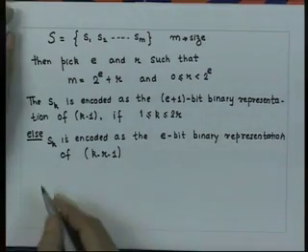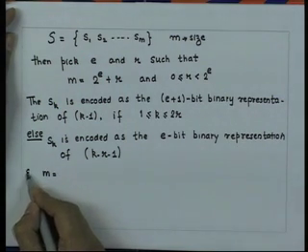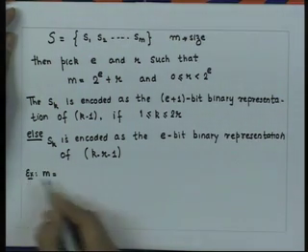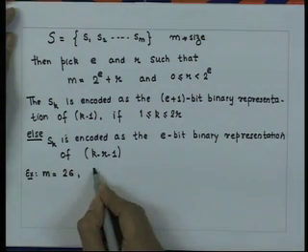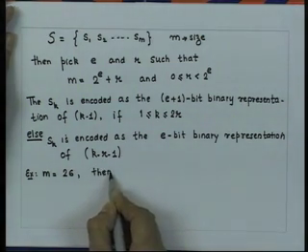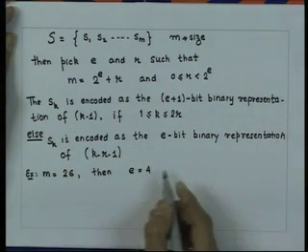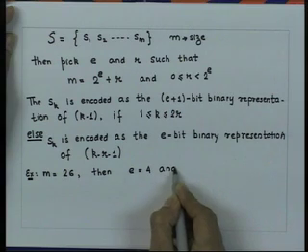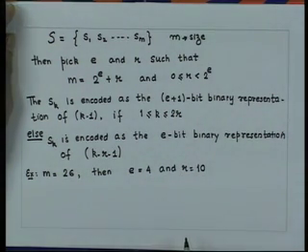So, if we have, for example, m equal to 26, then for this the values of E and R can be calculated as E equal to 4 and R equal to 10.